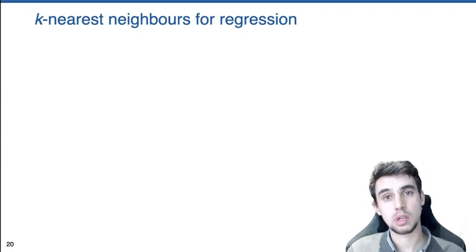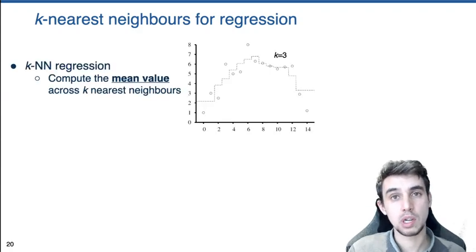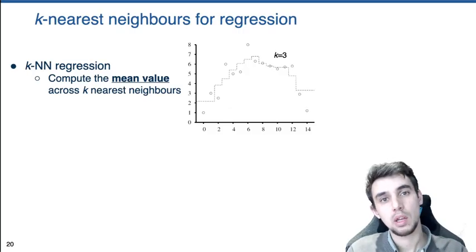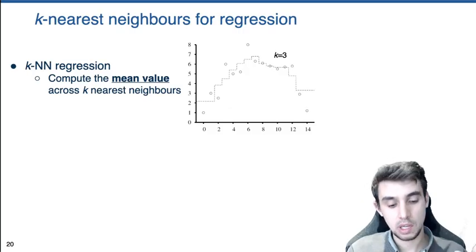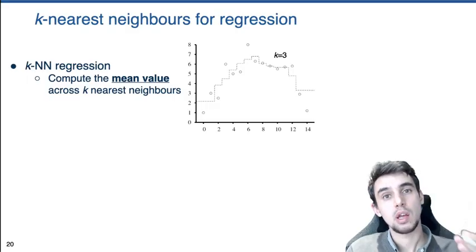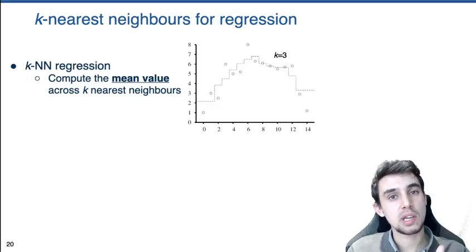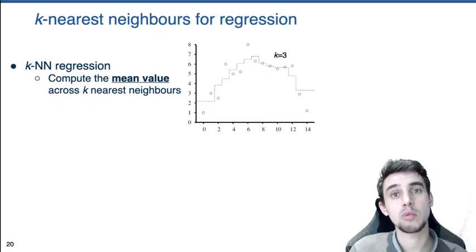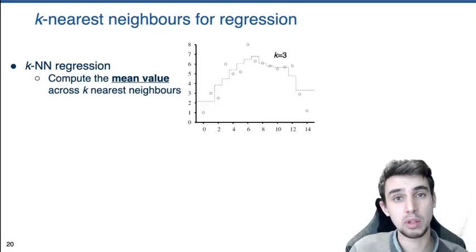we can also use k-nearest neighbor for regression. That's relatively simple. We can simply compute the mean value of the k nearest neighbors. Remember that in the case of regression, every sample is not associated with a label, but rather with a value, which can typically be a float or real value.